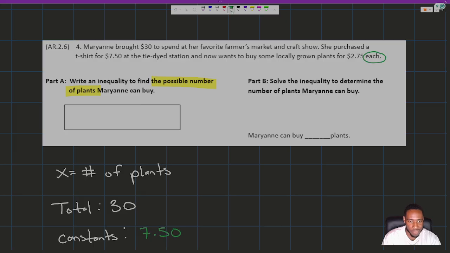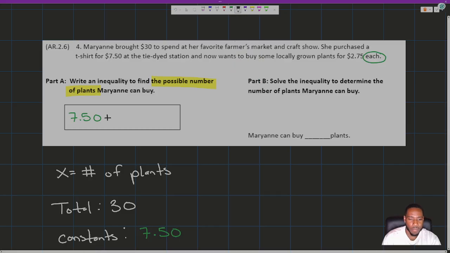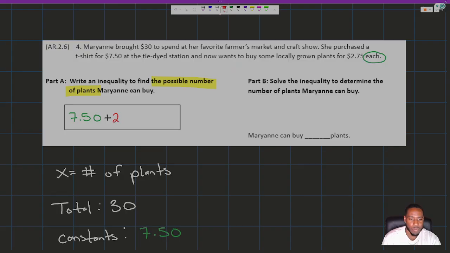And it's going to look like this: $7.50 plus $2.75, and because it's a coefficient, our variable has to go on. Now the question is, this is all being related to that 30.